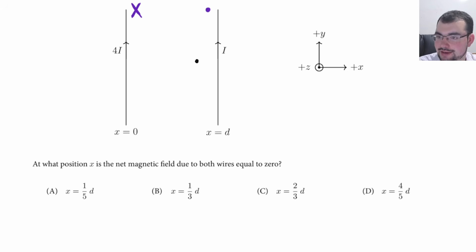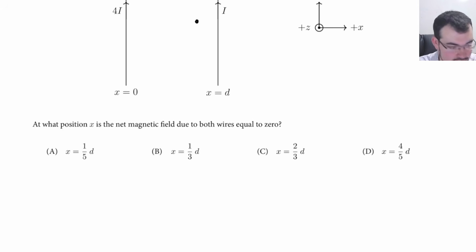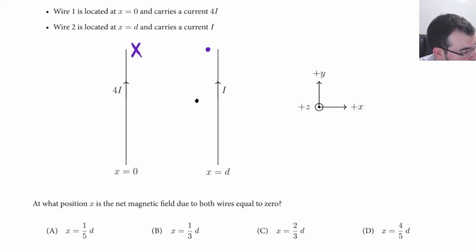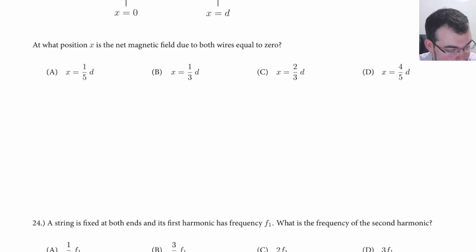So how can we find that? Because there's two options. We know it's not either of the ones that are closer to the big wire. So what we know is that if you are a distance x from one wire, you're going to be a distance d minus x from the other. We also know the formula for a wire, so we're just going to set the magnetic field from the 4I equal to the magnetic field from the 1I.